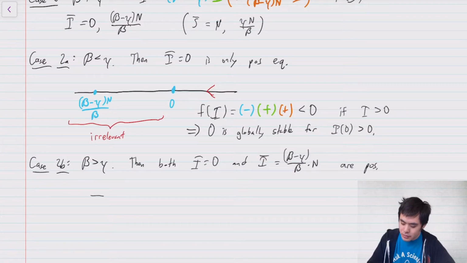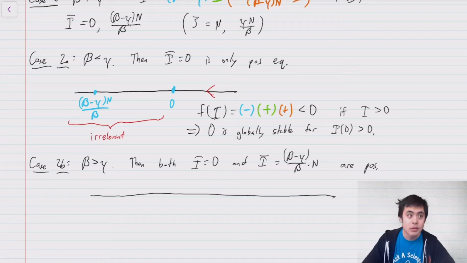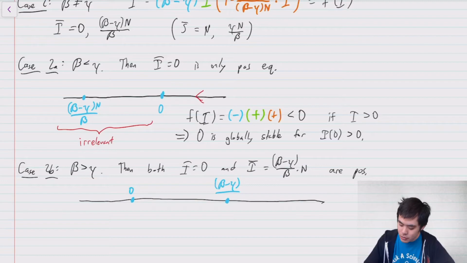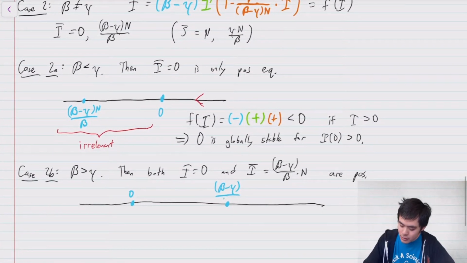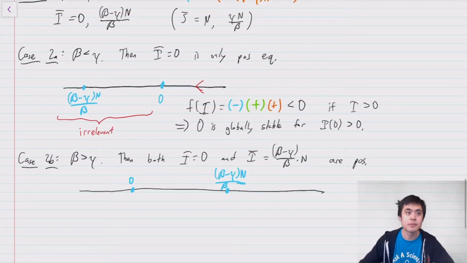Well, let's write this out. So we have the case of 0 here, and let's say this is (beta minus gamma) divided by beta times N. And so let's start by classifying.